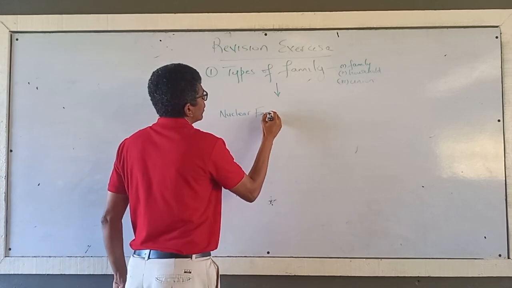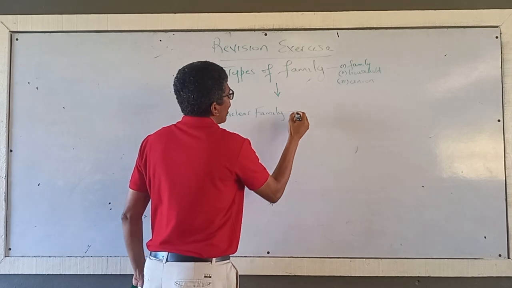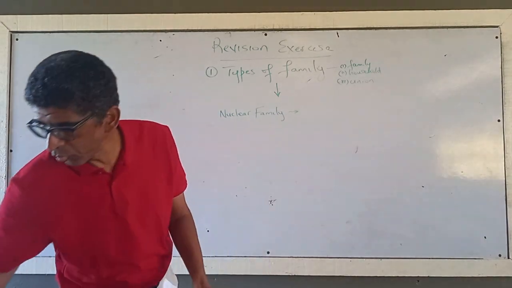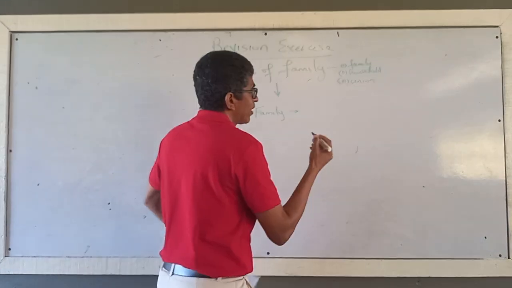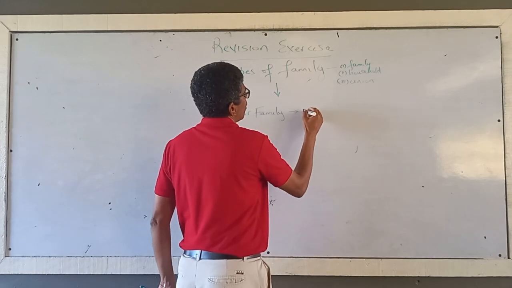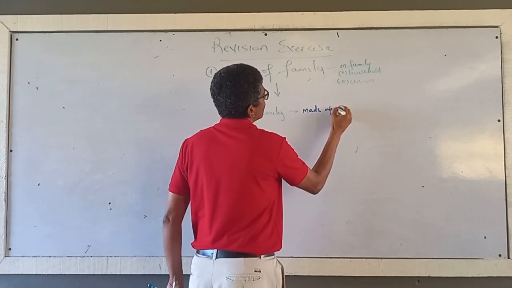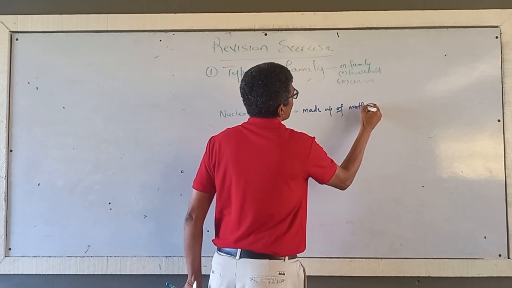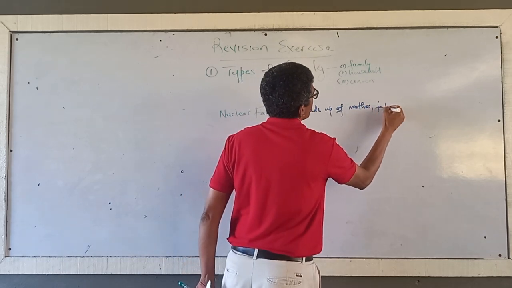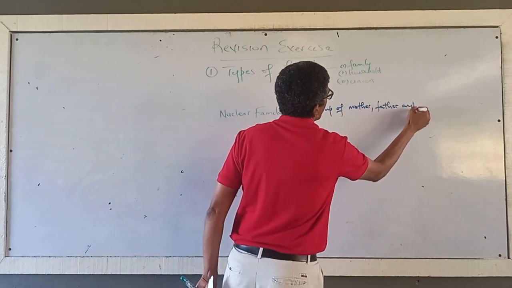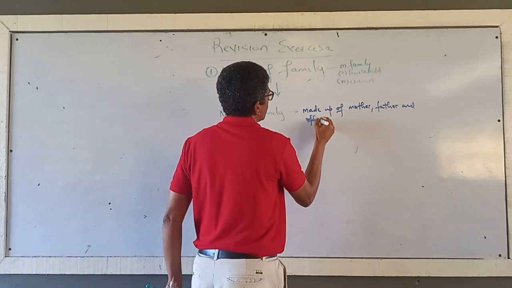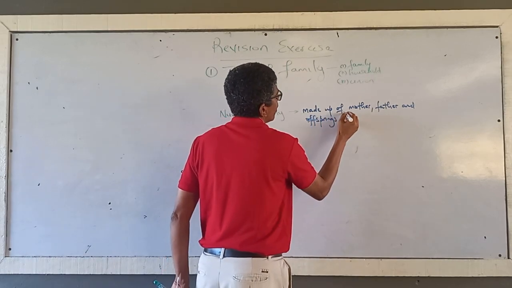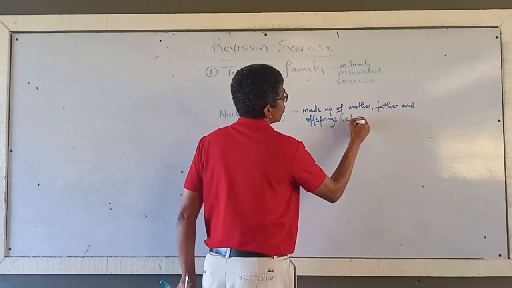nuclear family. So we have the nuclear family, and the nuclear family does what? The nuclear family is made up of mother, father, and offspring. That word offspring basically simply means children.